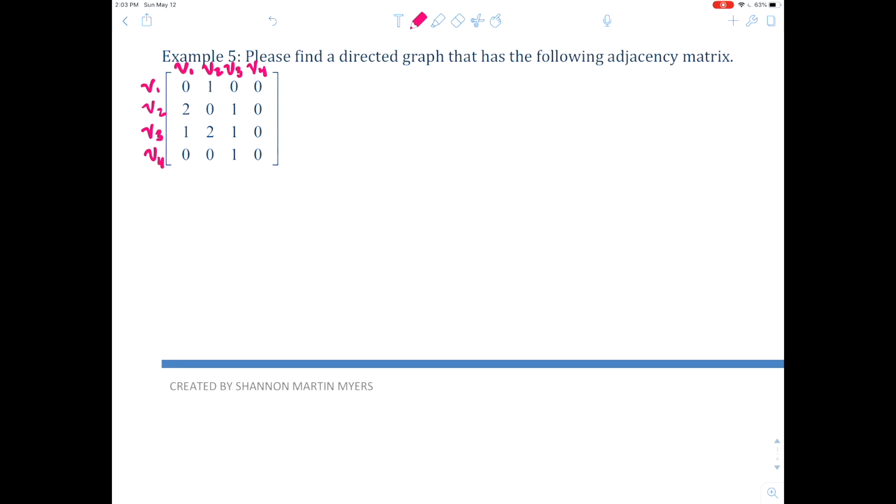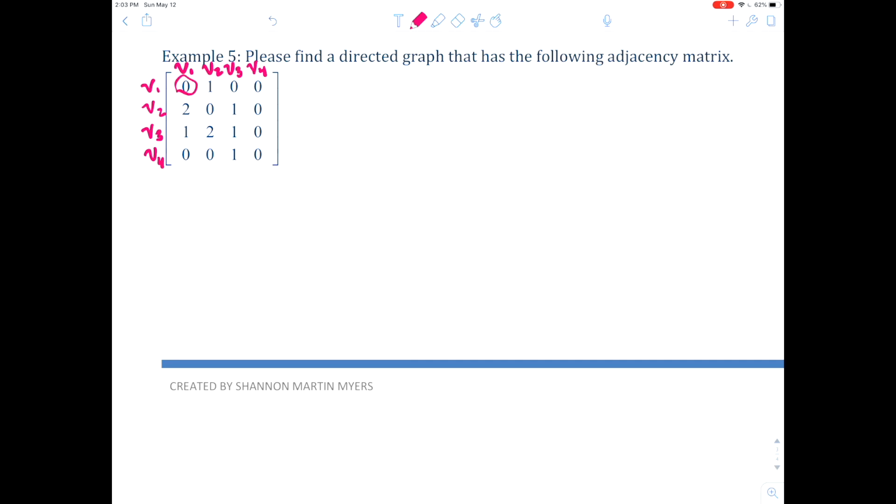Again, the number at the intersection means the number of arrows going from one vertex to the other vertex. For V1, there's a 0 right here, remember?